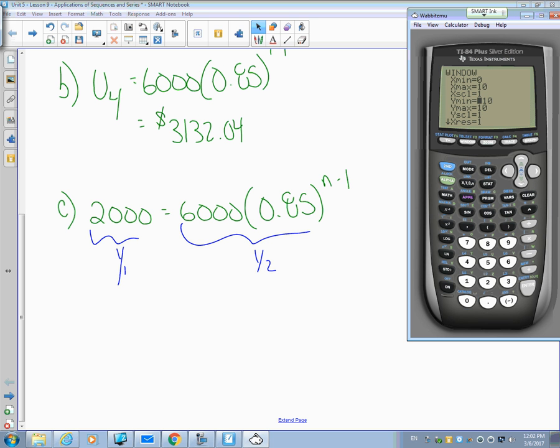Our value, we want to get down to $2,000, but it's starting at 6,000. So our scale there, we want to see that graph. Maybe go up to 10,000. There's our line at 2,000. Here comes our exponential decaying curve. It's going down. Our crossing. So second calc, 5, enter, enter, enter.